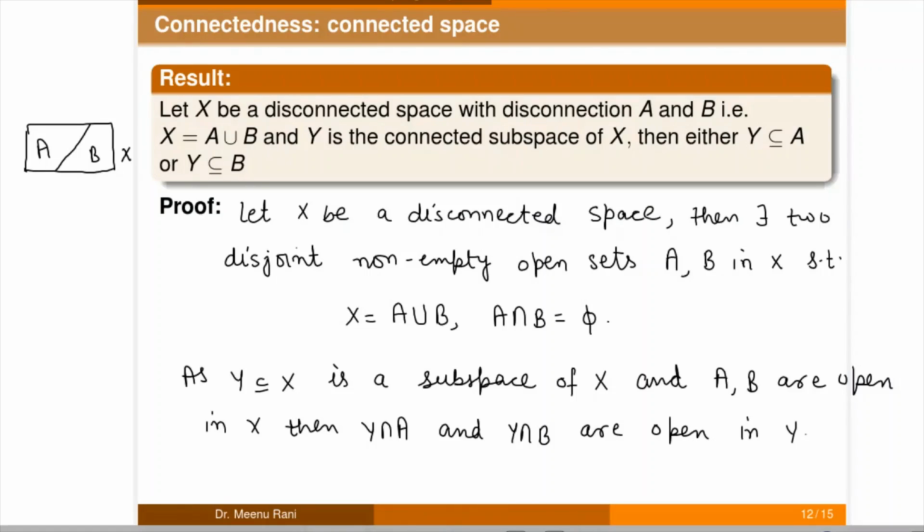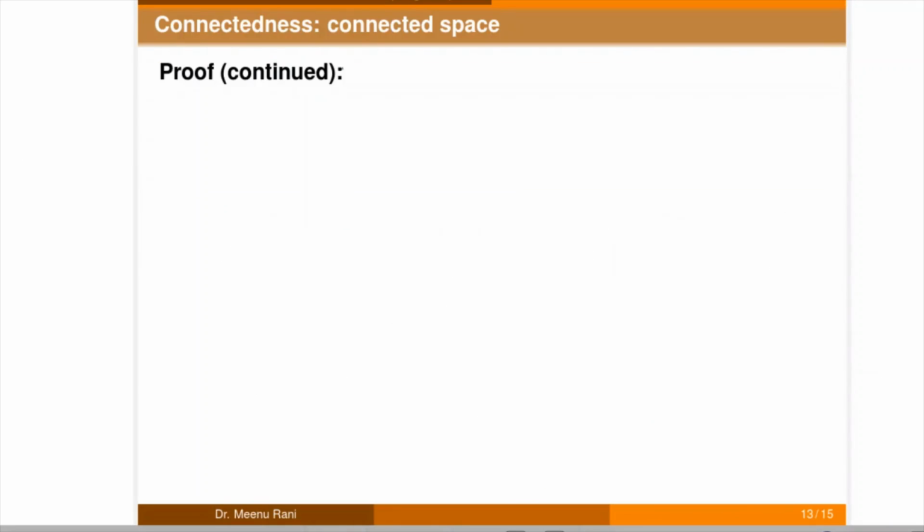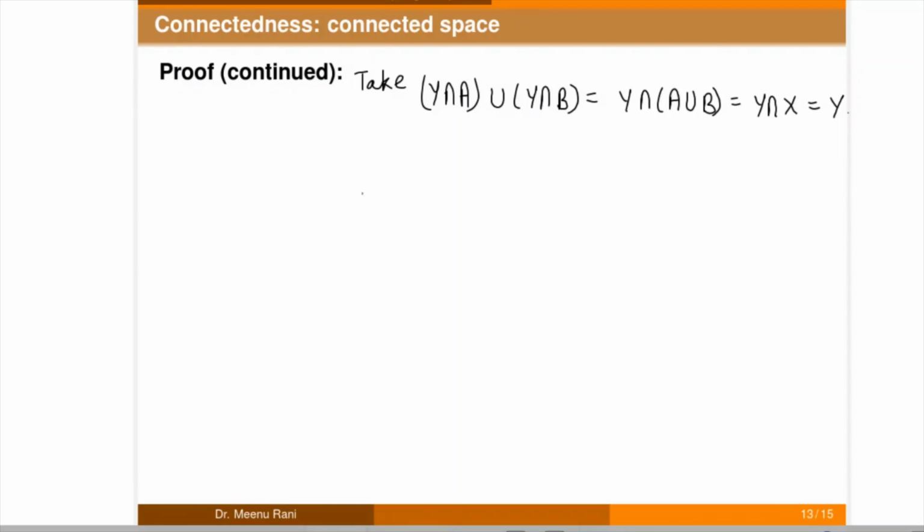Now if we take the union of these two open sets, Y intersection with A union Y intersection with B, it is Y intersection with A union B, and A union B is X, so Y intersection with X, and Y is a subspace of X, so it is Y only.